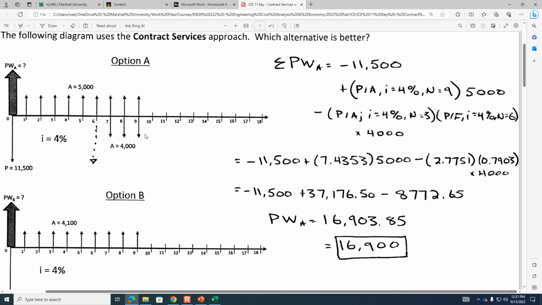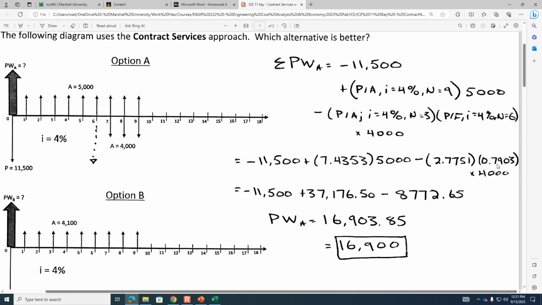But then this annual series of 4,000, we need to do a find P given A, and then you multiply it by the factor for find P given F. And so it's a two-step jump to get it from an annual series to year 0. So in the end, you should have 16,900 once you've rounded off for the 4 digits of precision that we've got in the P/F factor.